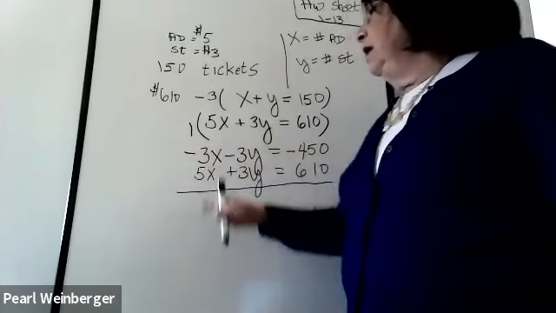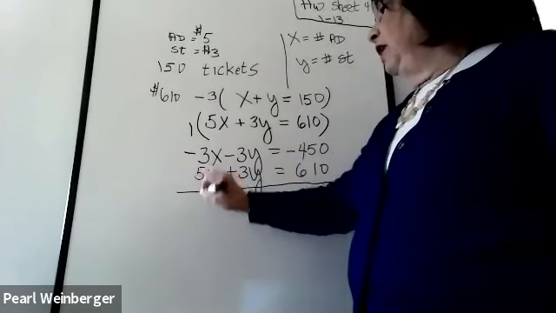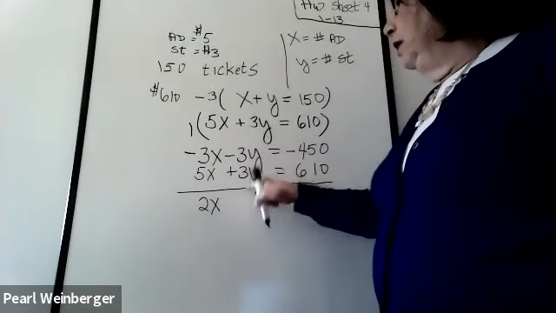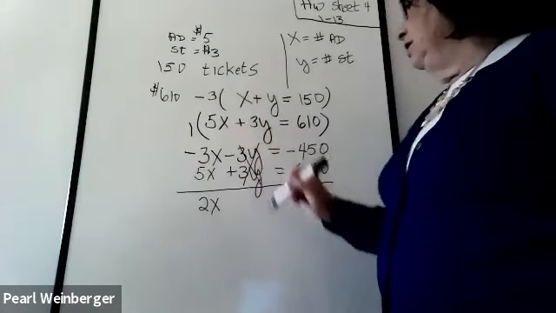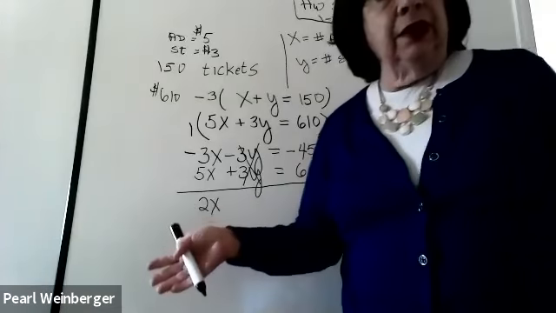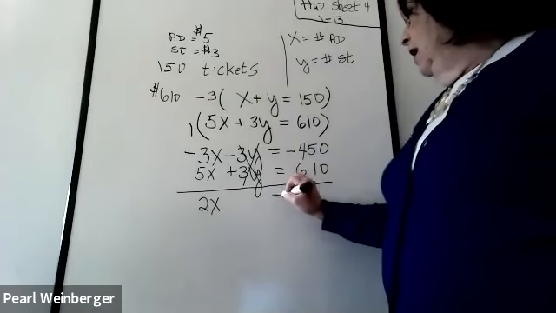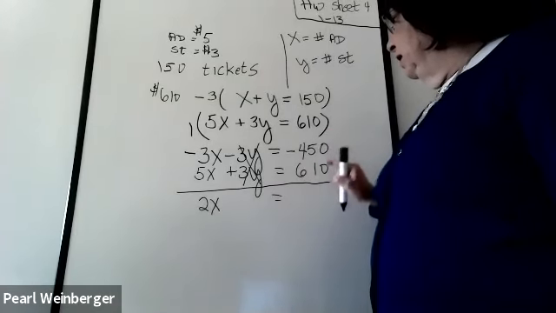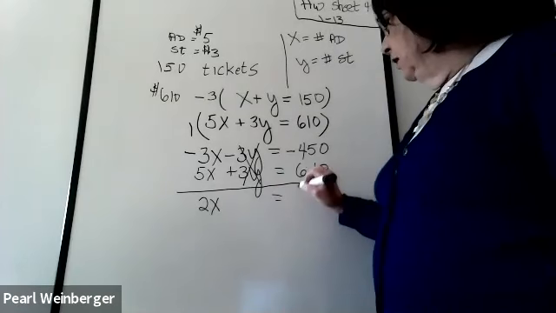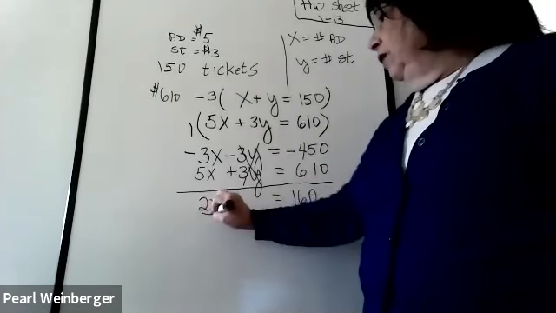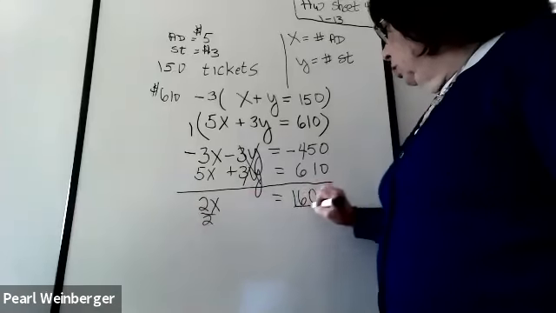Now we combine. -3x plus 5x gives me 2x. -3y plus 3y, that cancels out. Well, we wanted to eliminate the y's, that's what we said. Let's get rid of the y's. And that equals -450 and 610 when we combine them gives us 160.